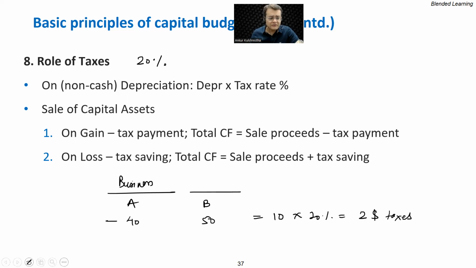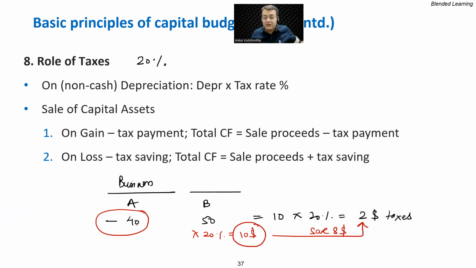But hey, why $2? This 20% qualifies for $10 of taxes. Why did you just pay two? How were you able to save this $8? You were able to save this $8 because the loss in one project has been able to set off the income from some other project and therefore resulted in some tax saving.